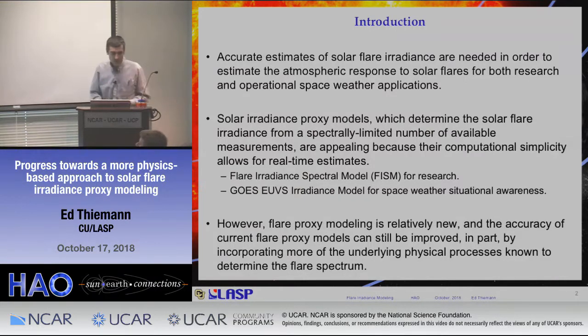There's also the GOES EUVS irradiance model for space weather situational awareness, a new model driven by the new EXIS instrument on the latest GOES satellites operated by NOAA. Its advantage is that when it's fully online, it should be able to produce solar irradiance within, I believe, one minute latency.